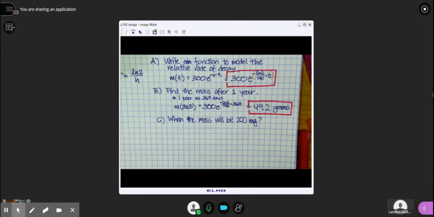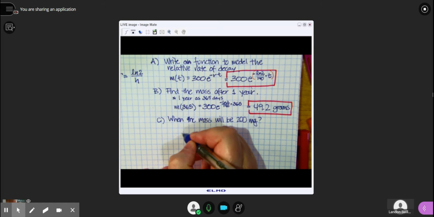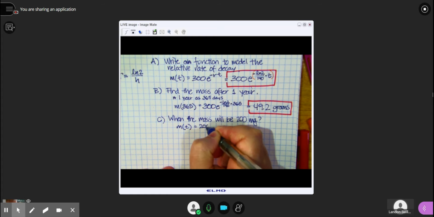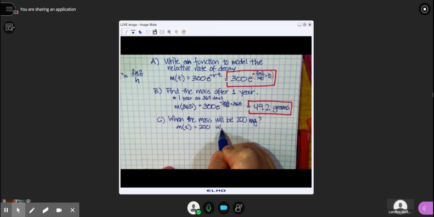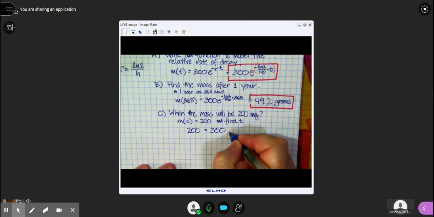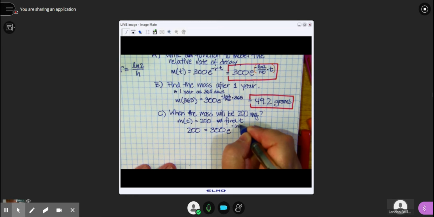And then the last one says, when will the mass reach 200 milligrams? So this is saying if m of t is equal to 200, we've got to find t. So 200 would be 300 times e to the negative ln 2 over 140 times t.